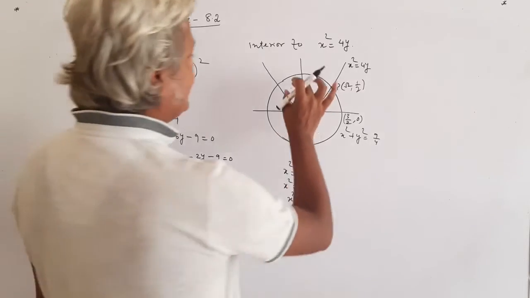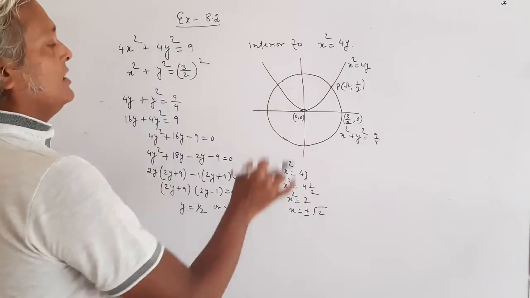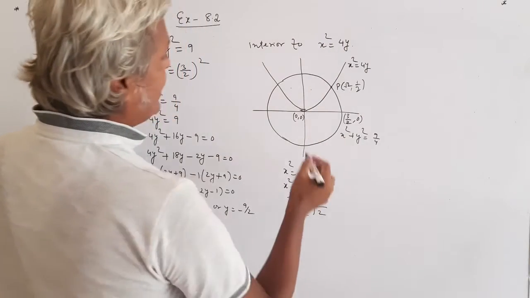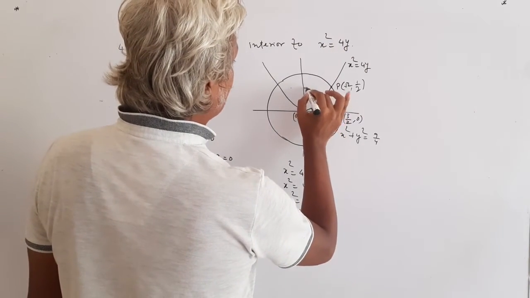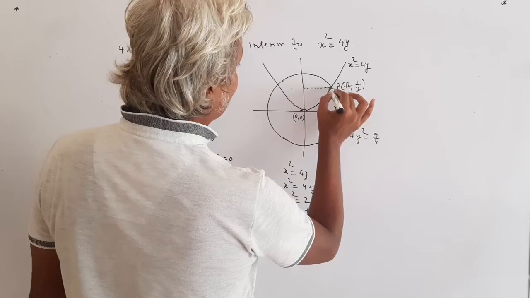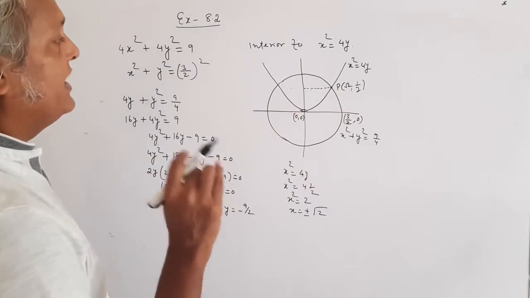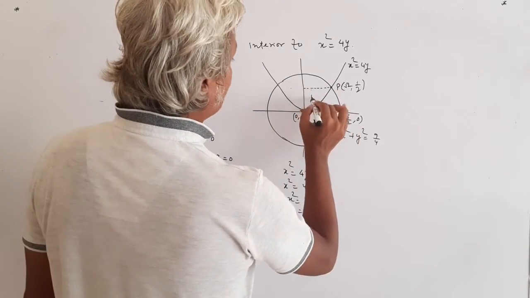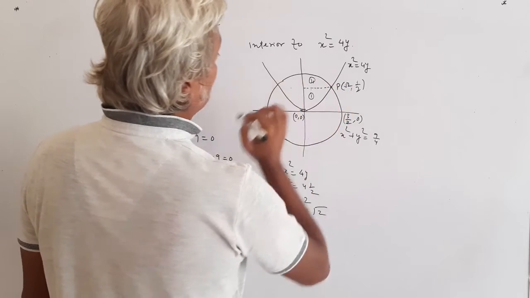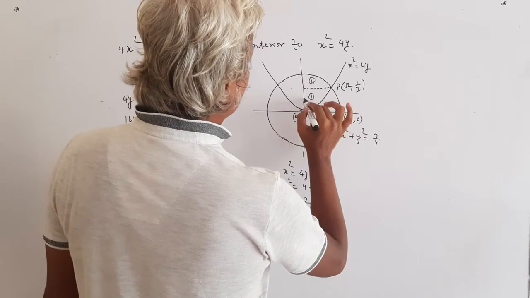Since we have to find the area enclosed interior to the graph x square is 4y, I need to draw a strip here, and this dotted line divides the whole required zone into two parts. This is part 1 and this is part 2. Now my strip will be moving from here like this.